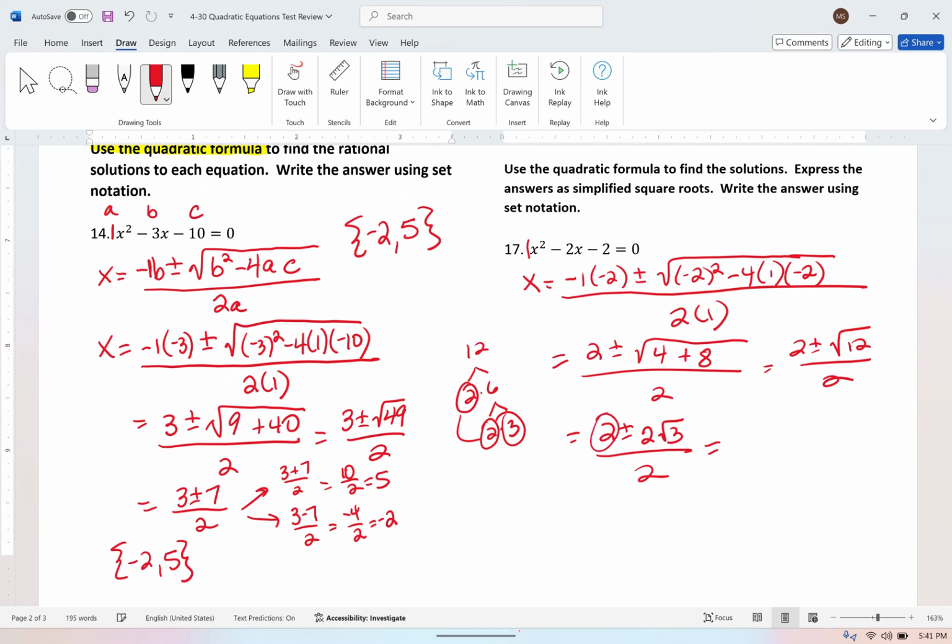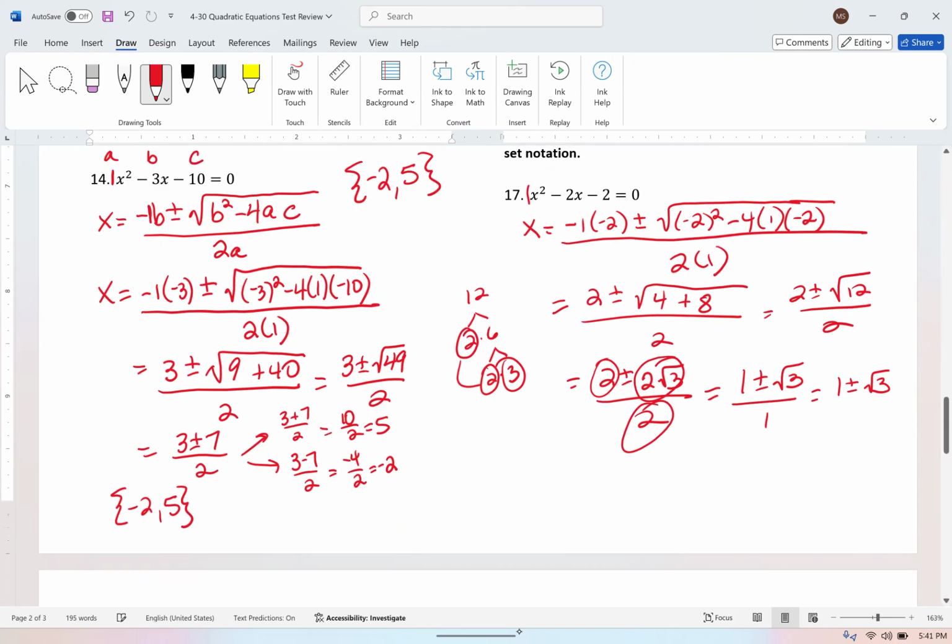So 2 divided by 2 is 1. 2 square roots of 3 divided by 2 is just the square root of 3. And 2 divided by 2 is 1. We don't usually write that 1. It's just 1 plus or minus the square root of 3. So the way we write the solution set is 1 minus the square root of 3 and 1 plus the square root of 3.